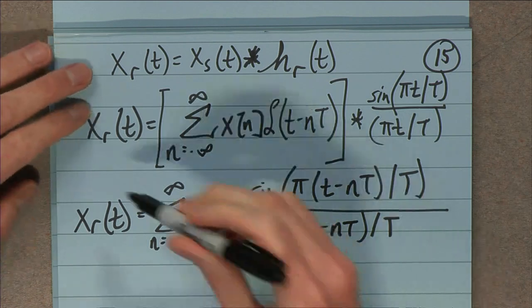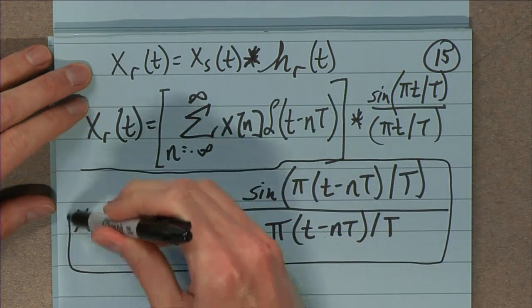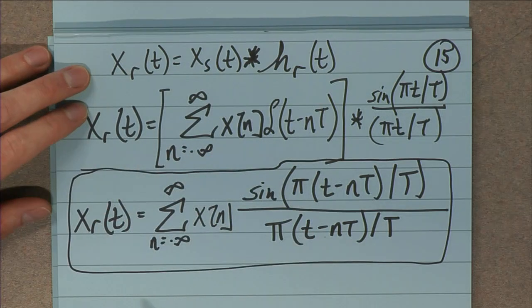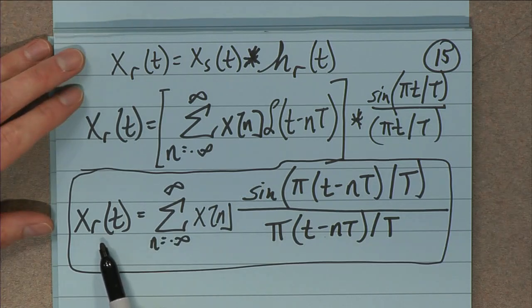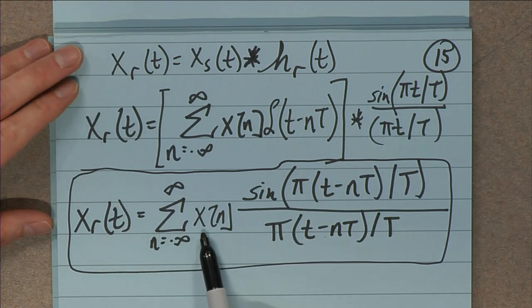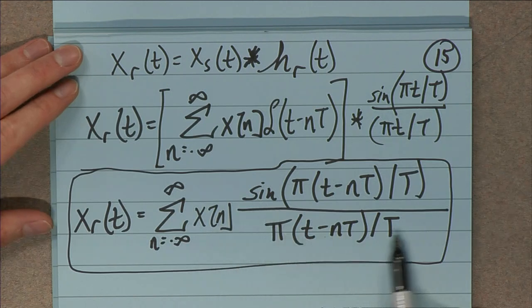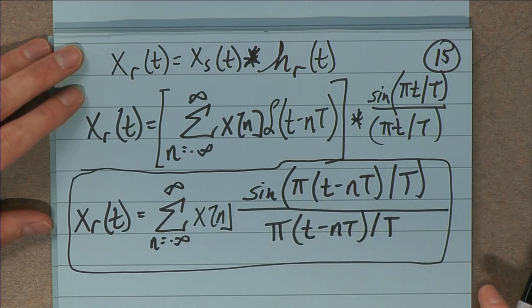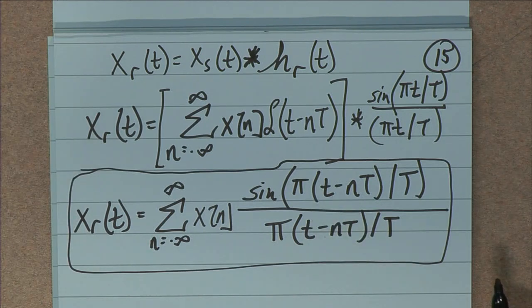So that's sort of our big giant decomposition, one way to look at it, as xr of t, which is our reconstructed continuous time signal. It is basically the discrete version, which acts as a weight to an infinite number of sinc functions. So you've seen this kind of stuff before, like with a Fourier series.